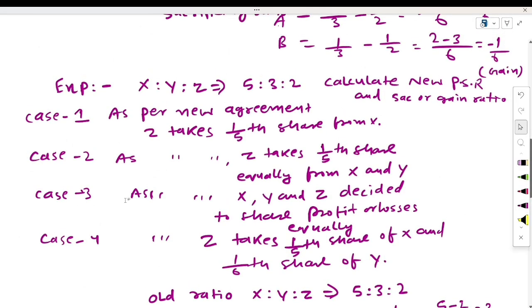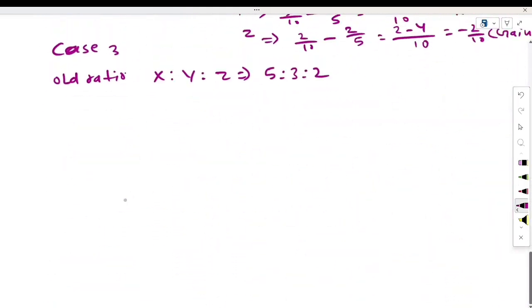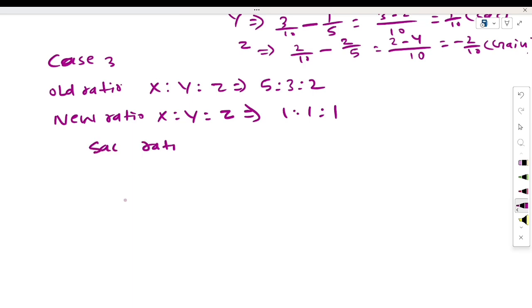It is telling that as per the new agreement, X, Y and Z decided to share profit or losses equally. Equally in the sense that the new ratio is given already, no need to calculate it. Your new ratio would be 1:1:1 because they have decided to share profit or losses equally. We have to calculate only the sacrificing ratio.